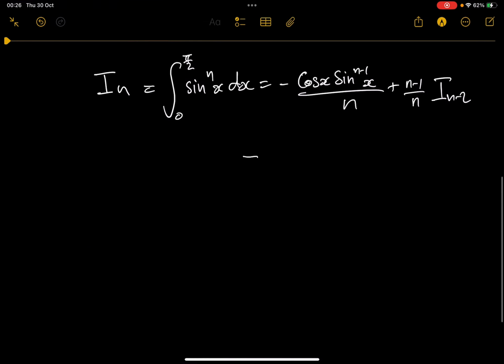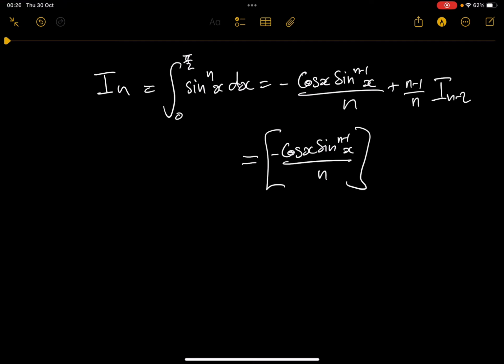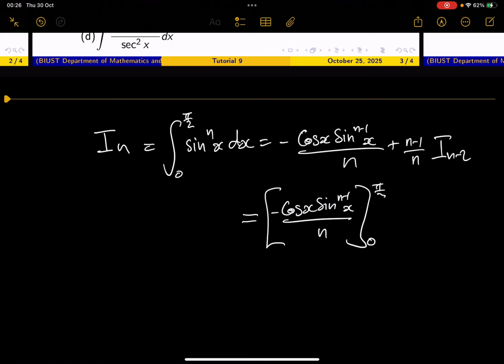That means this is the same thing as minus cos x sine, which means even here you're going to put your limit, which is pi over 2, 0. And when you look at this, it is actually the same thing as the integral from 0 to pi over 2 of sine^(n-2) x dx, right?